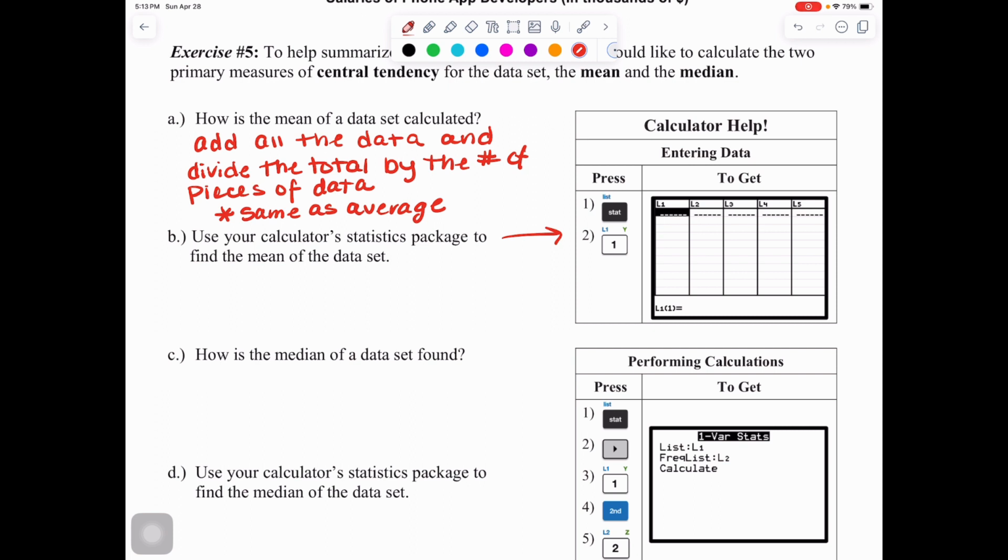So the first thing we have to do is enter the data into what's called a list. We're going to put all 20 values in there, and then we are going to calculate the one variable statistics. In that list, it will provide us with the number for our mean. So we will go over to the graphing calculator now. Please grab yours, and I'll walk you through how to do this.